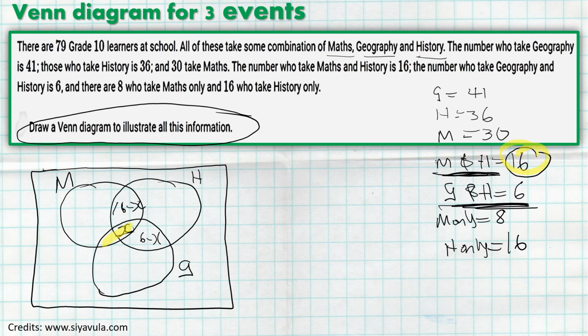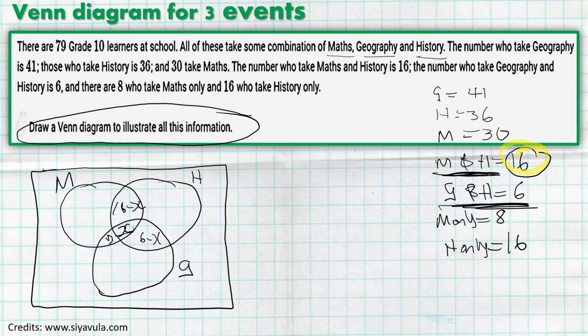Because we don't know maths and geography, we can put another letter there to show that we do not know it, because we must first start with the intersection and then we go outside. I'm just going to put any letter. I can put Y here as the one for maths and geography only.